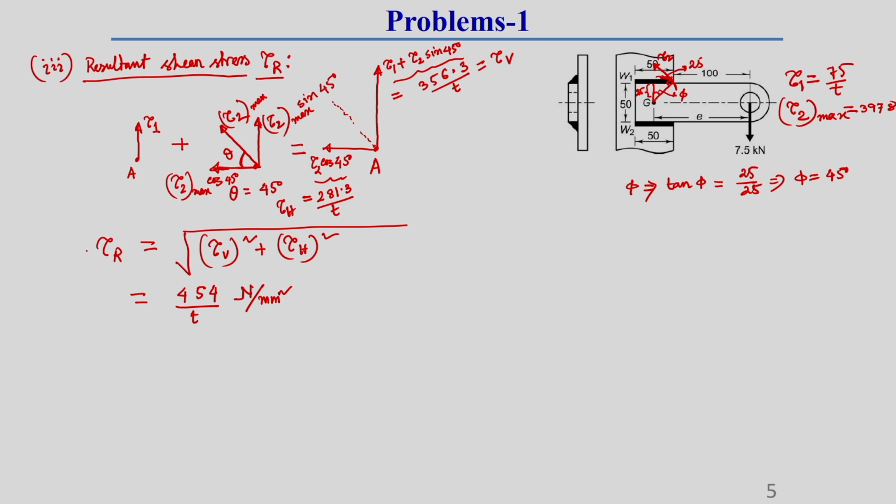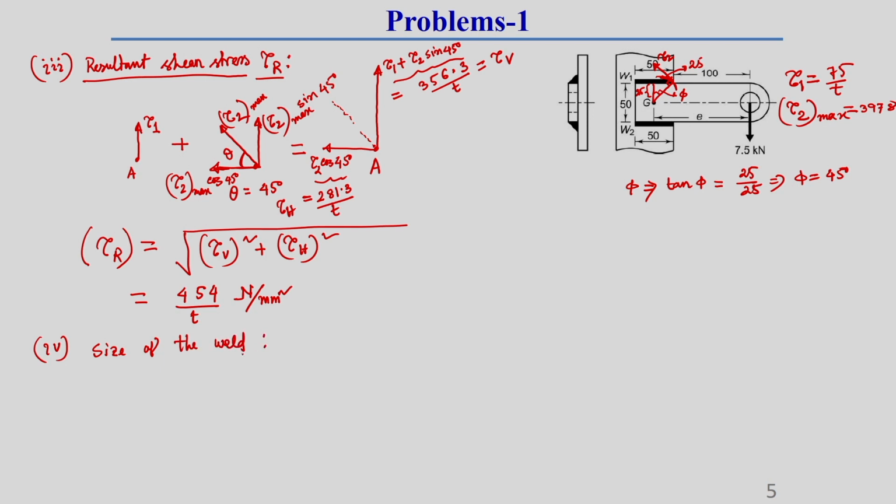You can say this is the maximum resultant shear stress component due to primary and secondary shear stress on this weld. Now we have to find out the size of the weld. So, the fourth step is to find out the size of the weld.